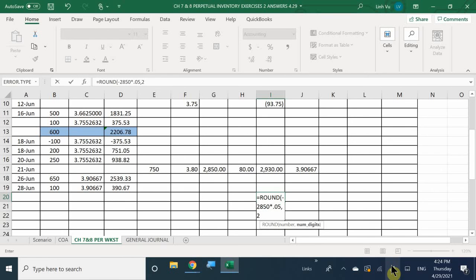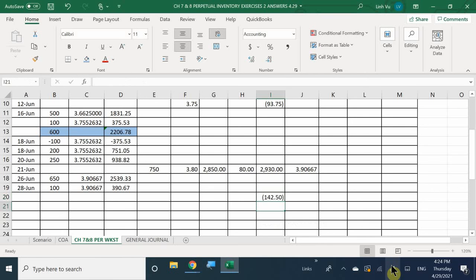So in this case, what's 5% of 2850? $142.50.